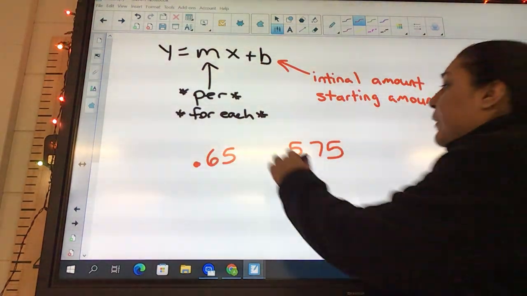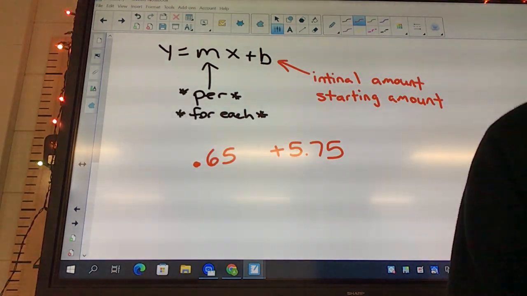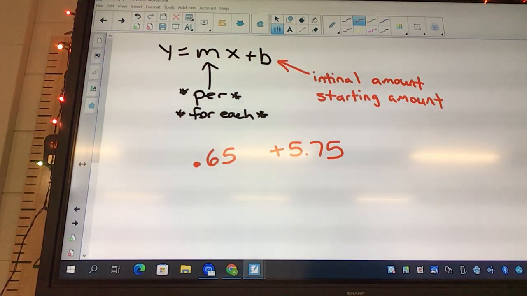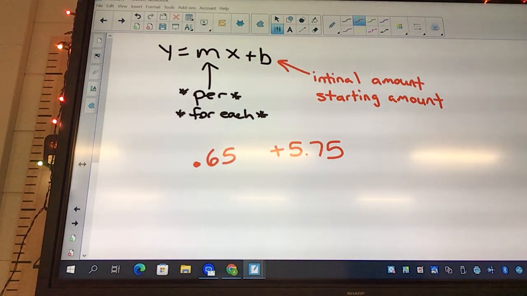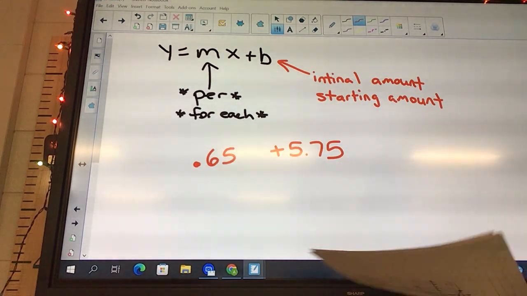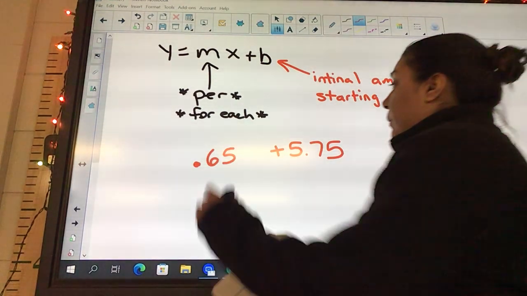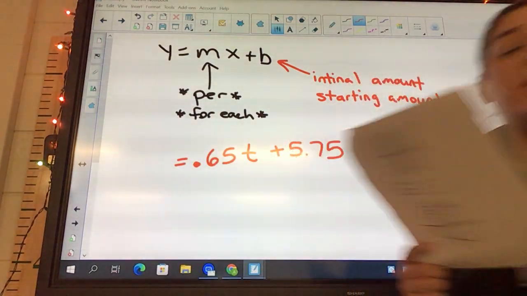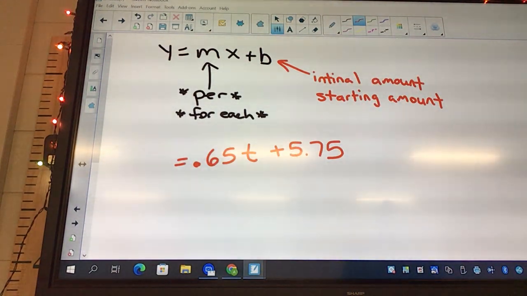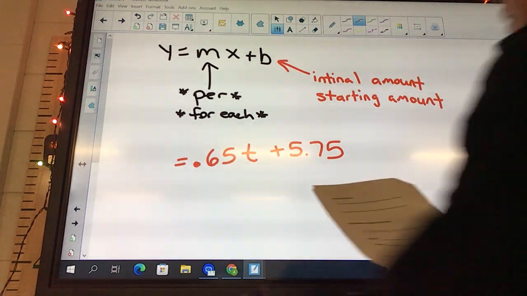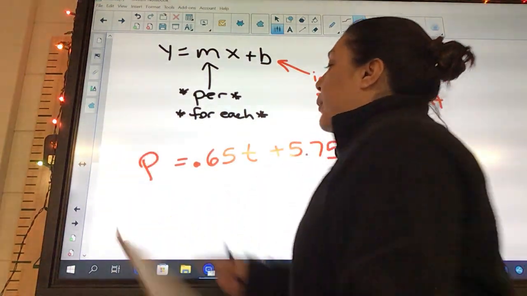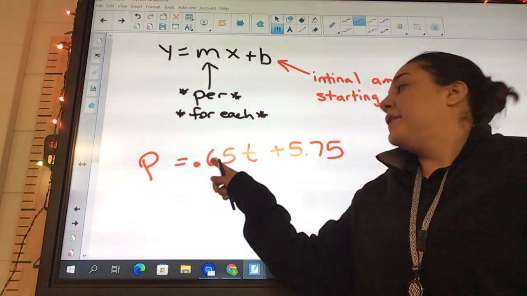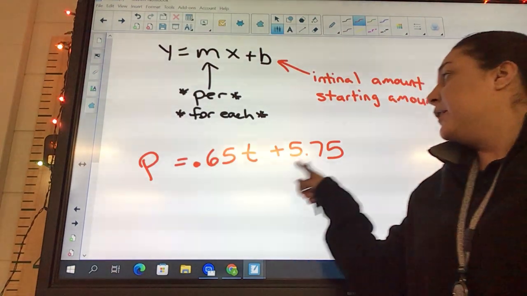Now we fill in the letters. It says 65 cents for each additional topping T, so rather than using x, what letter goes there? T. And what is the only other letter we have left? P. So the price of our sandwich is 65 cents per every topping plus 5.75.